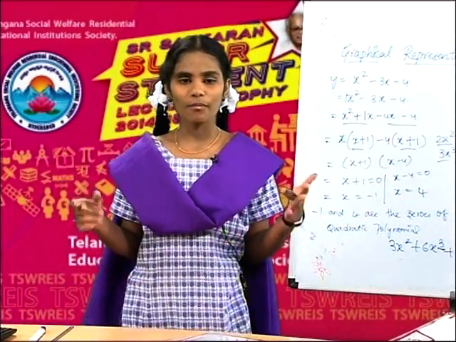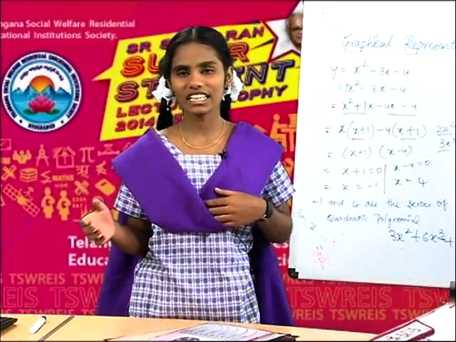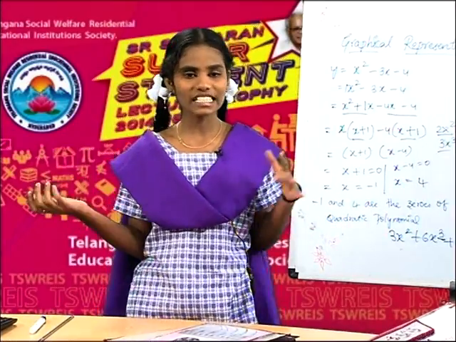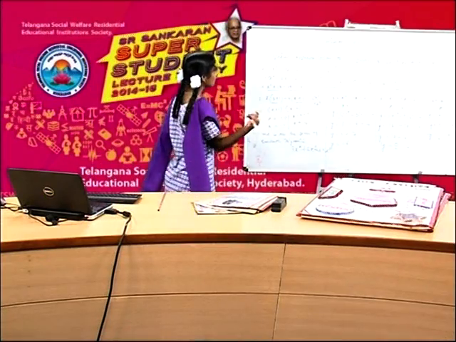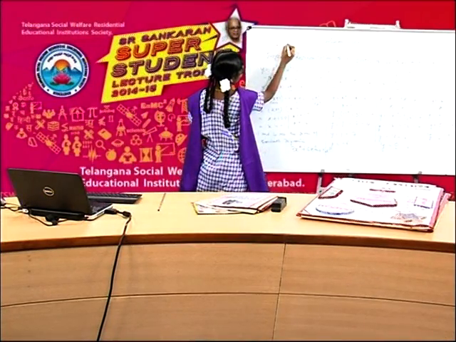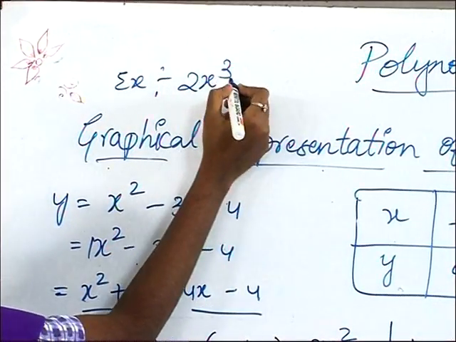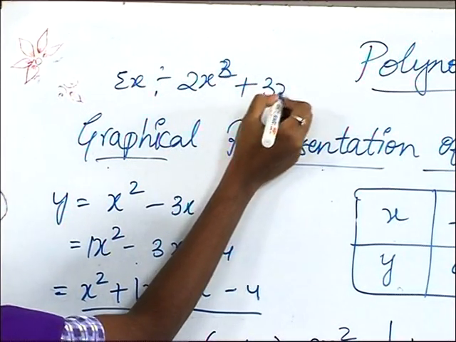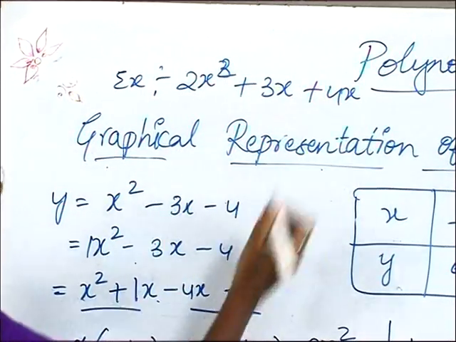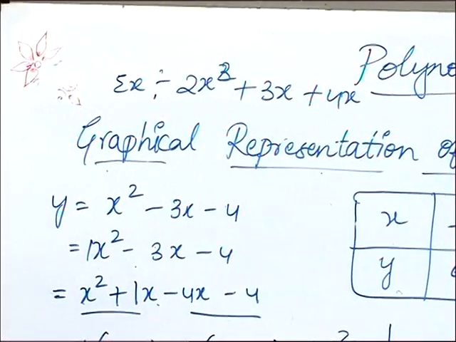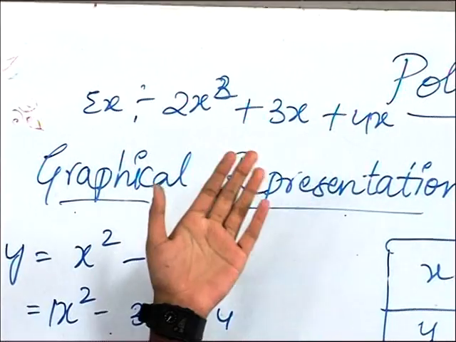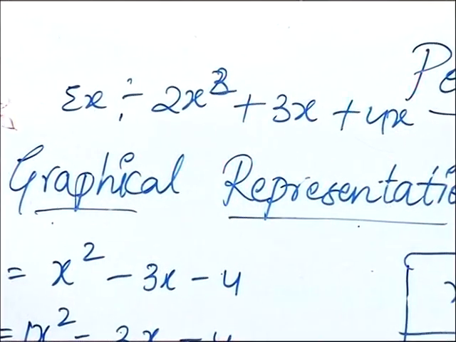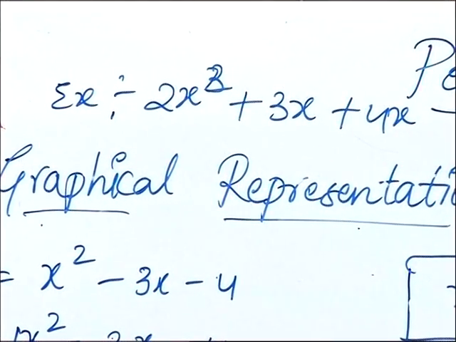A polynomial means an expression which contains more than 2 or 3 terms. For example of a polynomial, 2x squared plus 3x plus 4x. Friend, this is an example of a polynomial. In this example, there are 3 terms, so it is called a polynomial. More than 2 or 3 terms is called a polynomial.